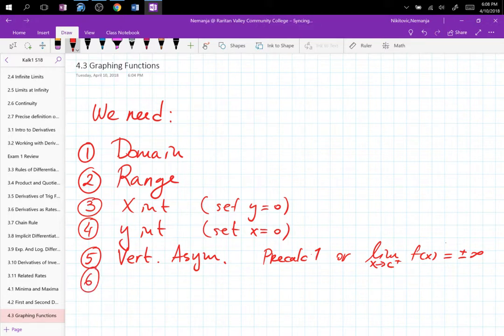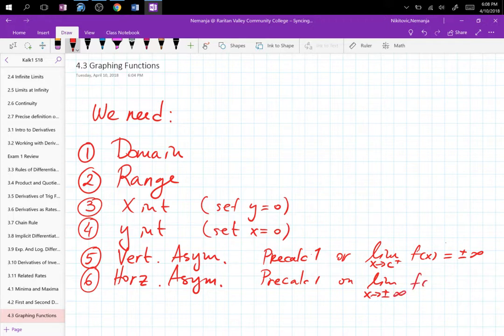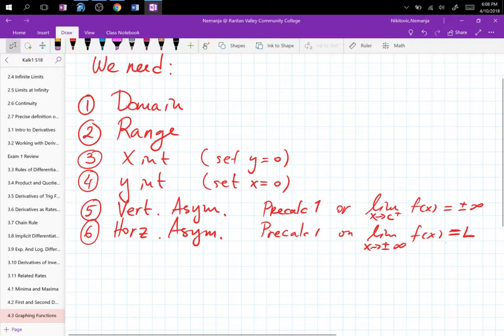Number 6, horizontal asymptote. Again, either you memorize the pre-calc 1 or the limit as x goes to either positive or negative infinity of f of x equals L. Off of this branches the end behavior. So we can do that as well.